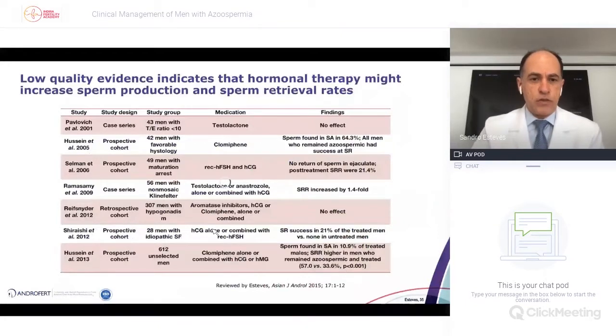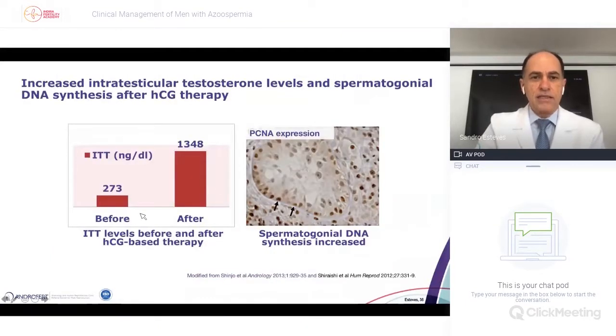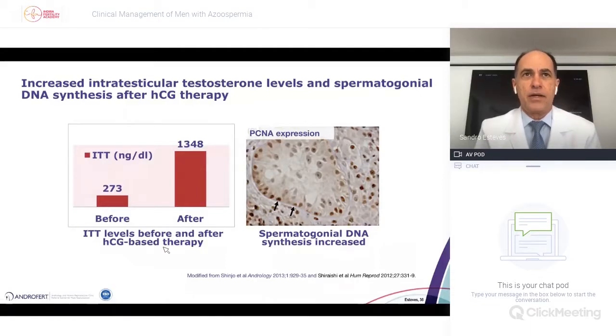In this slide, you see the results of a study in which the authors used HCG therapy to increase intratesticular testosterone production in men with non-obstructive azoospermia. As you can see, the intratesticular testosterone before and after stimulation was quite different. The intratesticular testosterone levels should be 100 times higher than the testosterone levels we see in the peripheral blood to work properly.